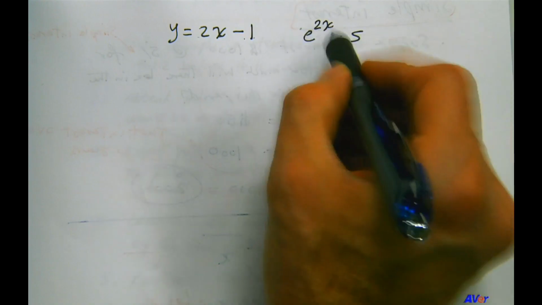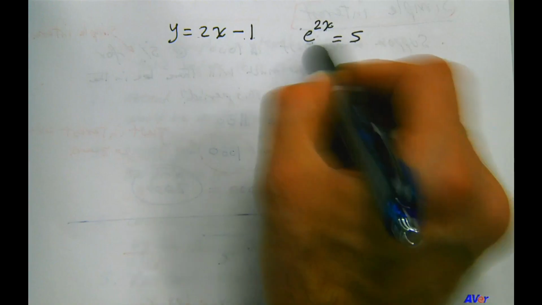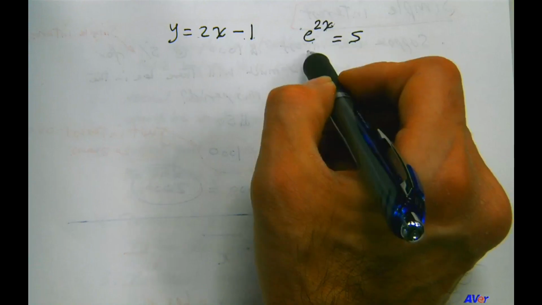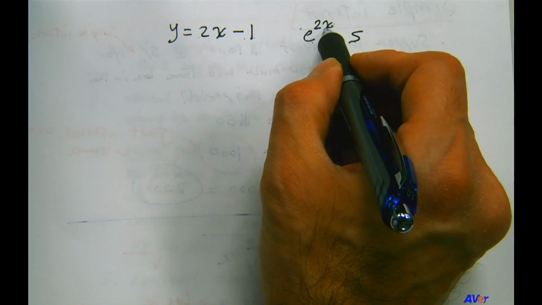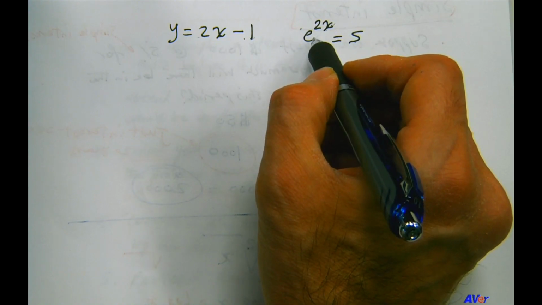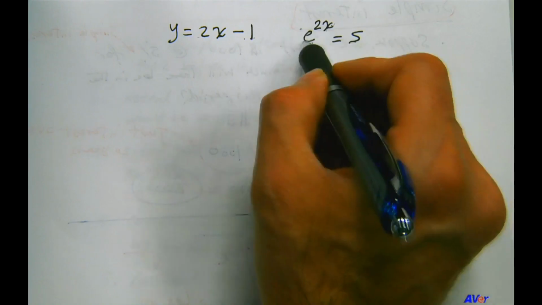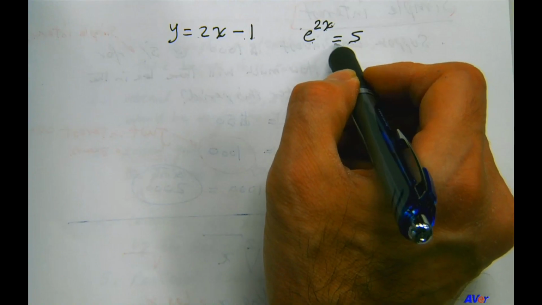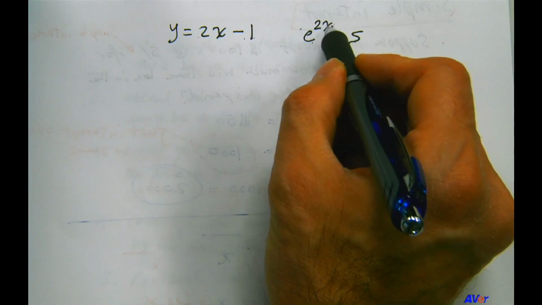So where x is not on the same level as all the other terms, x appears in the exponent of the equation. Whenever we have this situation, we must involve logarithmic properties, or we must take the log or natural log of both sides. So that's basically the technique we use to solve for variables that are in the exponent.